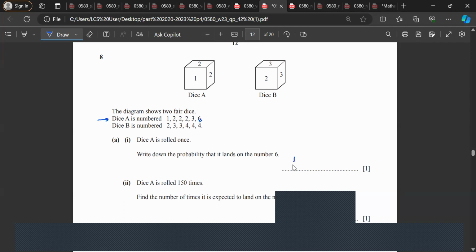It is only 1 time over 6. Dice A is rolled 150 times. So what is the number of times it is expected to land on number 6? I will multiply 1 over 6 by 150. So it will be 25. Yes, 25.